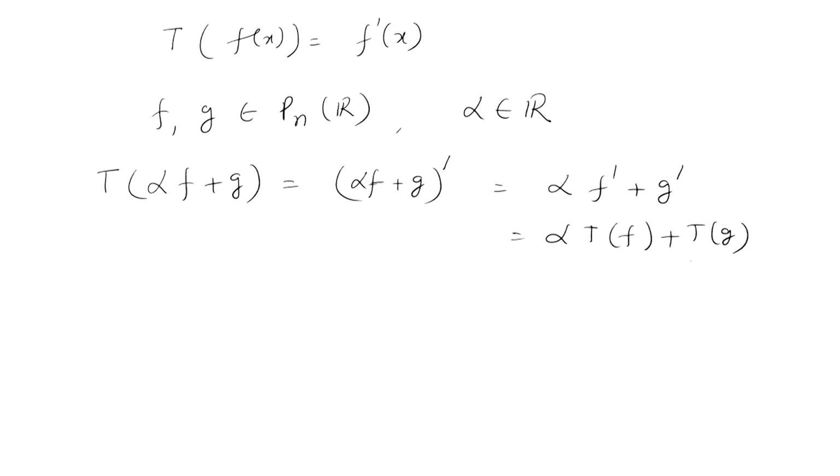So, we have shown that the property of linear transformation holds for every f and g in the vector space P_n over the field R. That means this will be a linear transformation.